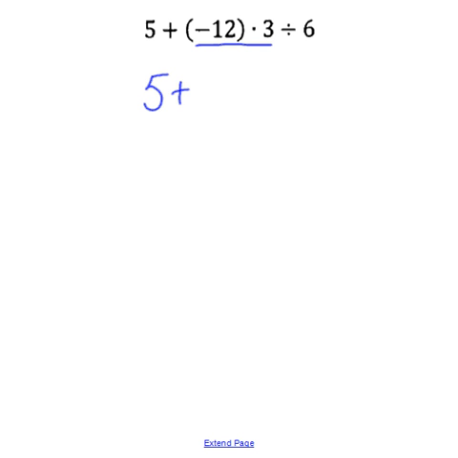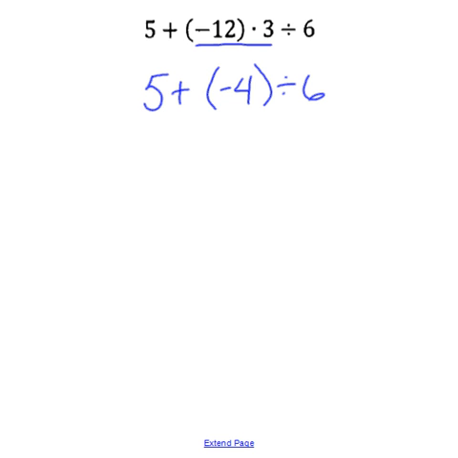So negative 12 divided by 3 is negative 4. I'm writing it inside of parentheses because it's sitting next to that plus sign here, and I don't want to get confused about that. And then we still have divided by 6 there.